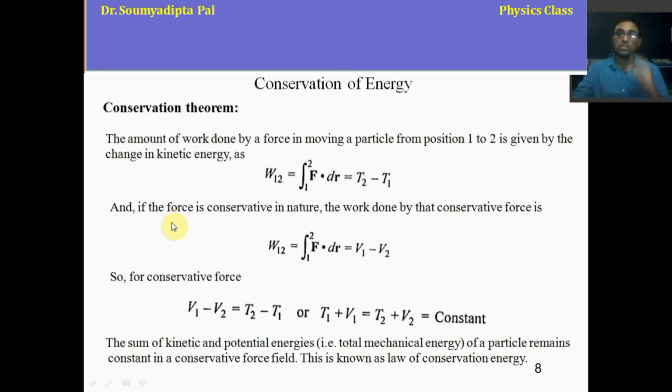If the force is conservative in nature, the work done by that conservative force is V1 minus V2. Both are the same in this conservative case, so we can write V1 minus V2 equal to T2 minus T1. Ultimately we can write T1 plus V1 equal to T2 plus V2.